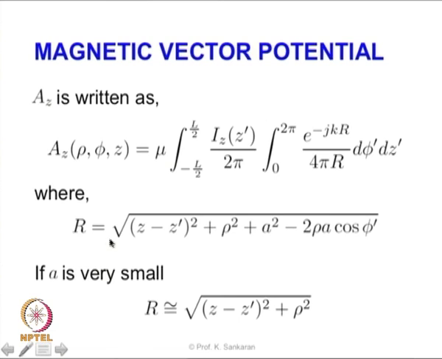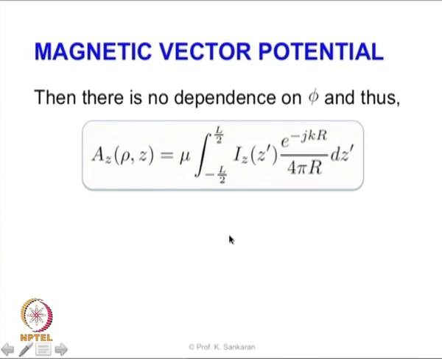What you essentially have is the square root of (z minus z prime) squared plus rho squared. Then there is no dependence on phi, and thus we can write the value of Az without the angle, only using rho and z, and it is given by this expression here, which is mu times the integral over the entire line of Iz multiplied by the Green's function, and we are integrating it over the entire line.